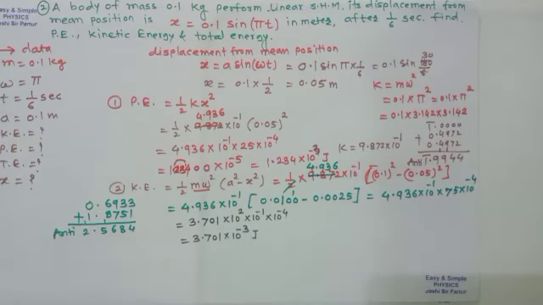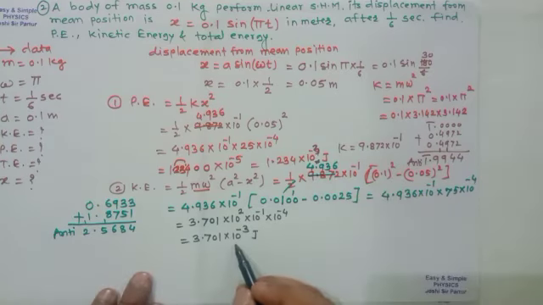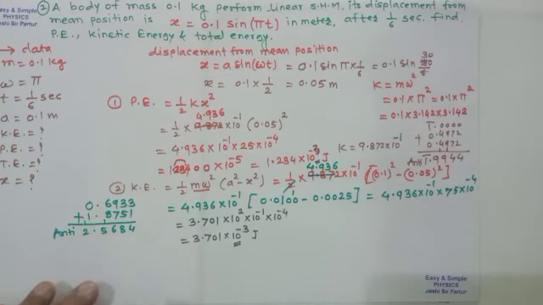Again, the potential energy is in 10 raised to minus 3 and the kinetic energy is in 10 raised to minus 3, so we can find out the total energy.